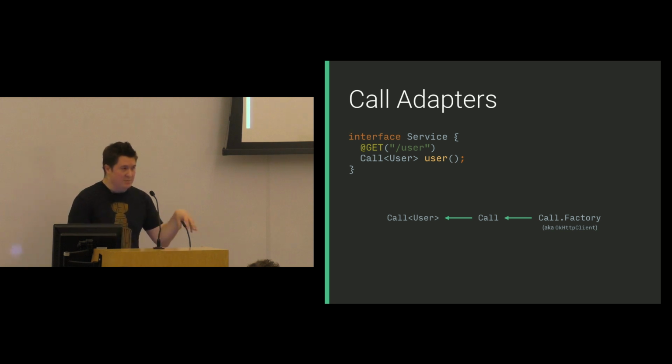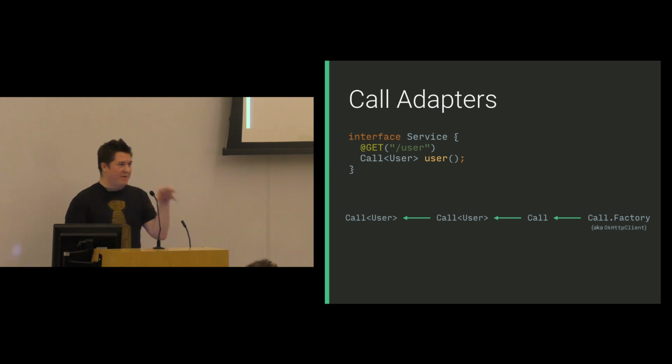And so a Call of User, a Retrofit call, is just a wrapper around OkHttp's call. And what's kind of unintuitive is that Retrofit actually wraps this twice. So we wrap it once, and we create Call of User, and that's the one that talks to the converters, turns it into the nice Java types. And then we actually wrap it again before we give it back to you. This is the default behavior. And the reason we do this is, is that true on the server? It's true on Android. I can't remember if we wrap it twice on JVM.